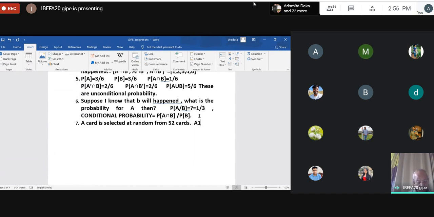A1 is the card is a spade. A2 is a picture card.